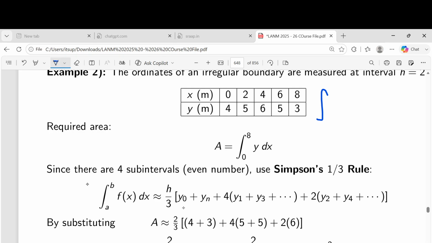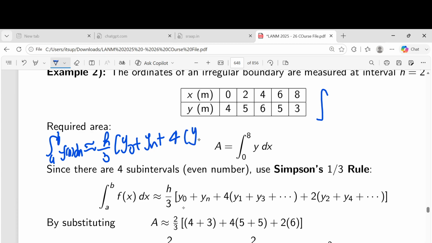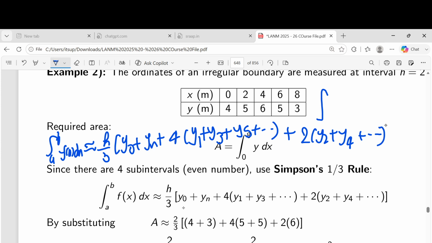This is the formula: integral a to b f(x) dx equals h by 3 times y0 plus yn plus 4 times the odd terms y1 plus y3 plus y5 and so on, plus 2 times the even terms y2 plus y4 and so on.